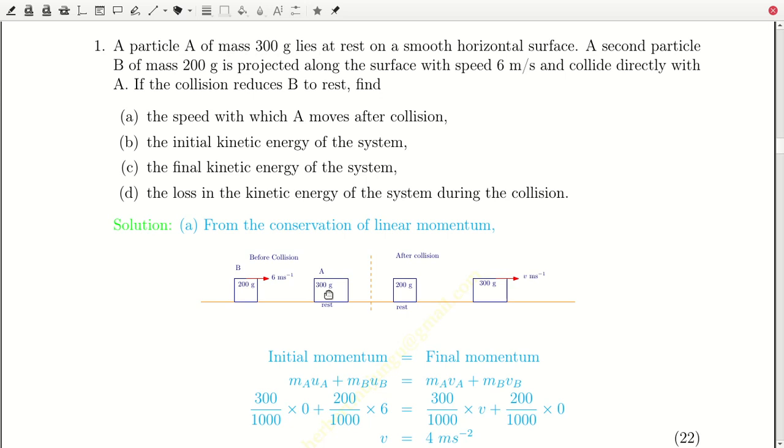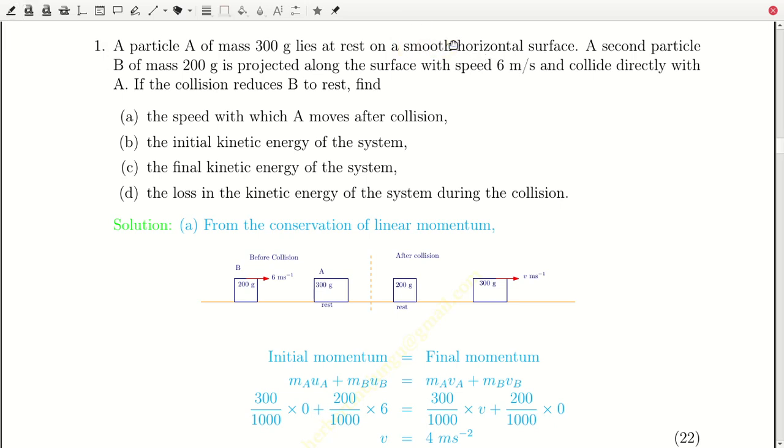So you should be able to convert it to kilograms by dividing by 1,000, because you know that one kilogram is equal to 1,000 grams. So to convert this to kilograms, you divide by 1,000. Then they are saying it collides with particle B, which is projected along the surface at 6 meters per second, and they have said the surface is smooth. It is here. It's a smooth horizontal surface. Fine, it is here.